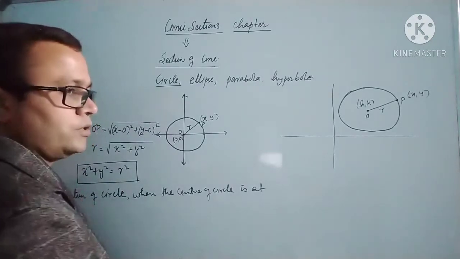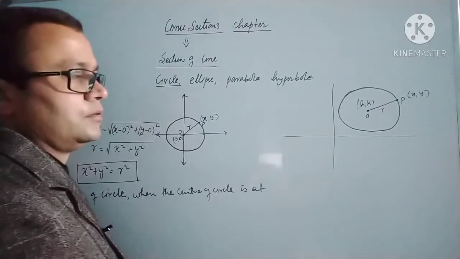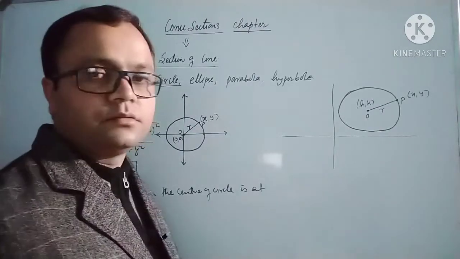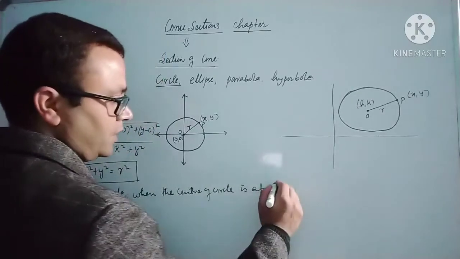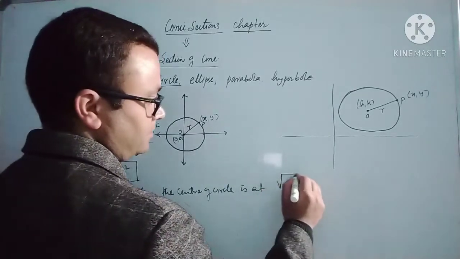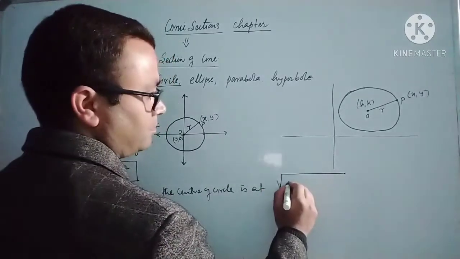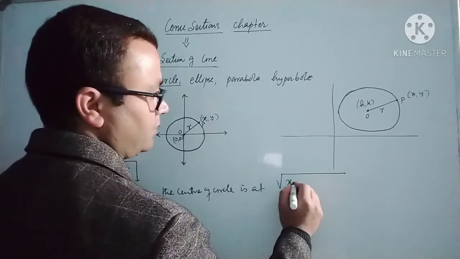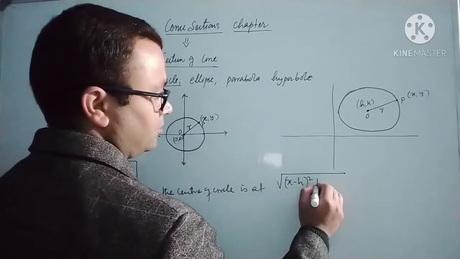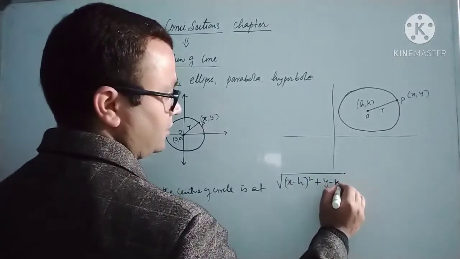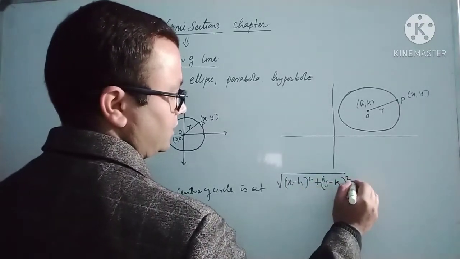To calculate OP, we have to apply the distance formula. So in distance formula, root under x2 minus x1 means x minus h whole square plus y minus k whole square equals OP.